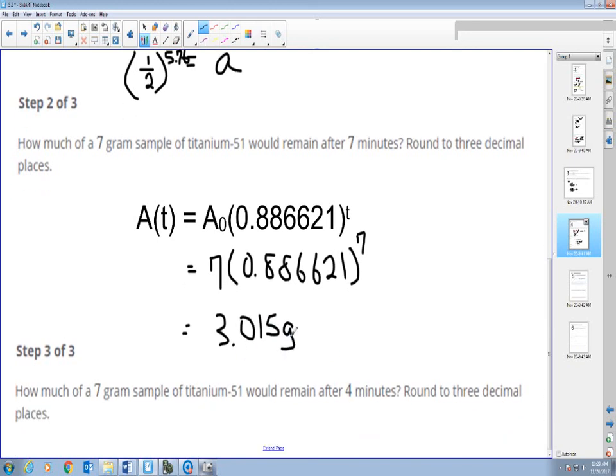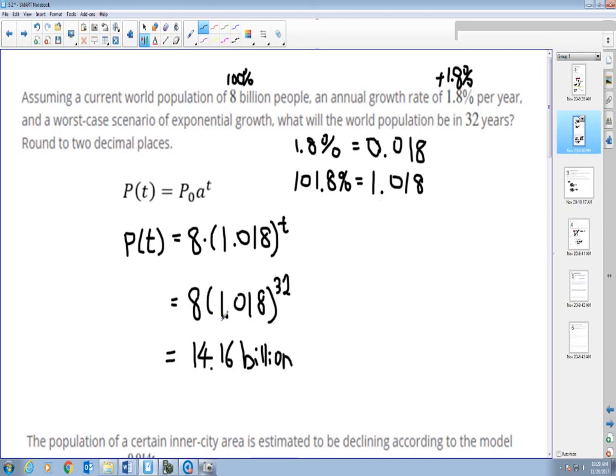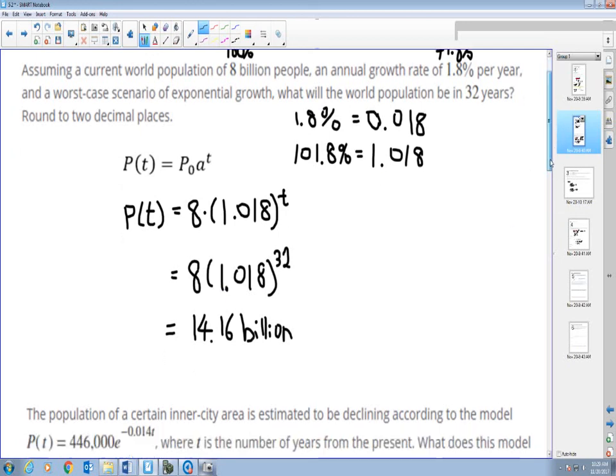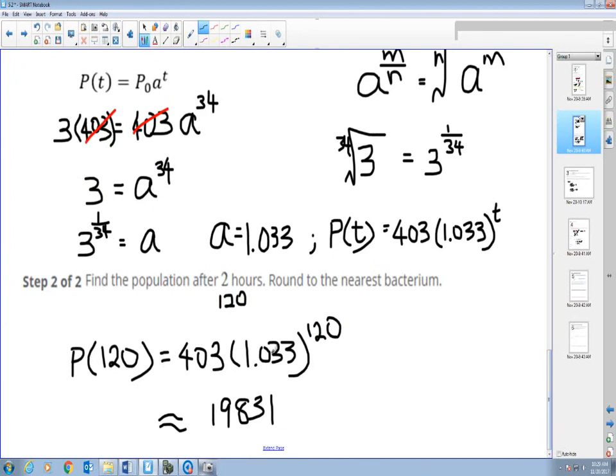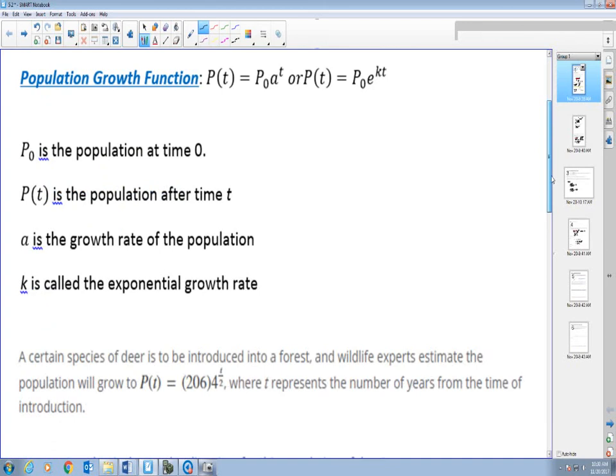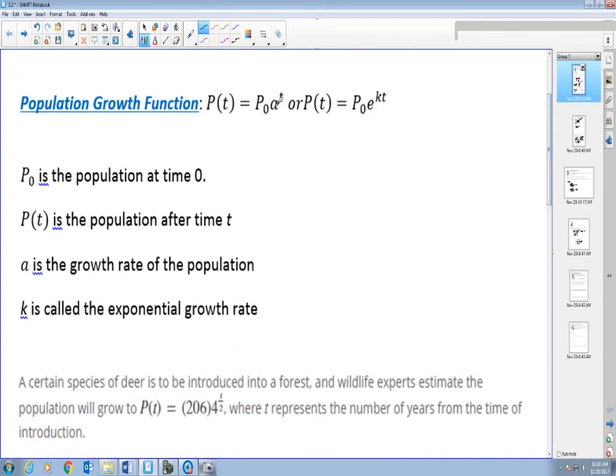This is something I'm not really explaining: what's the difference between when the growth rate is 0 point something versus 1 point something. In the bacterial problem, we found A is 1 point something. That is actually a growth rate, because all my exponents are positive. Earlier I mentioned that if the exponent becomes negative, it's actually a population decrease.